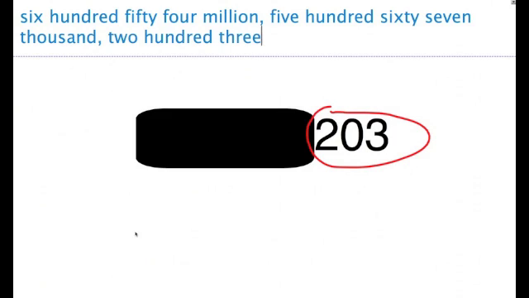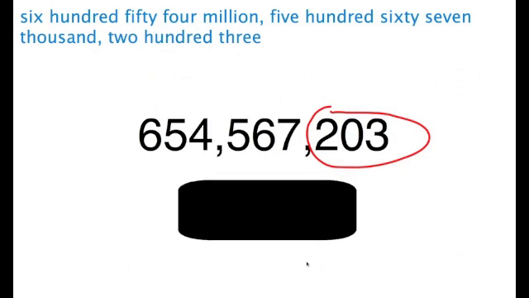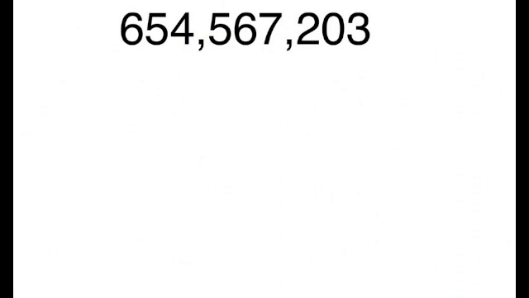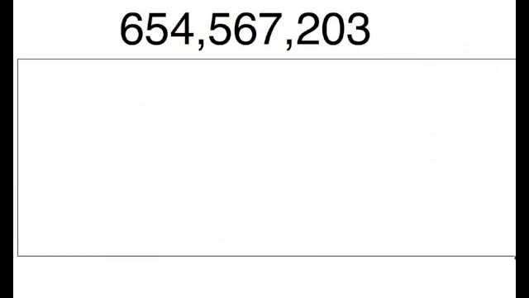So that is reading and writing a number from standard form to word form. Okay. The next form I'd like to tackle is expanded form. And let's go ahead and dive right into that.